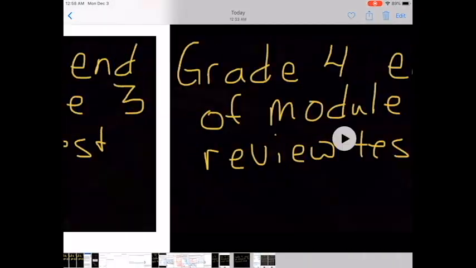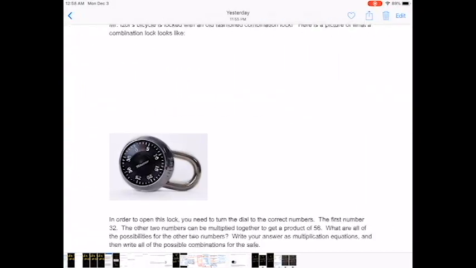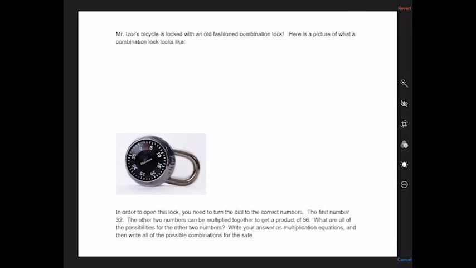Oh, and it's backwards, sorry. Here it is. Mr. Ezor's bicycle is locked with an old-fashioned combination lock. Here's a picture of what a combination lock looks like. In order to open this lock, you need to turn the dial to the correct numbers.